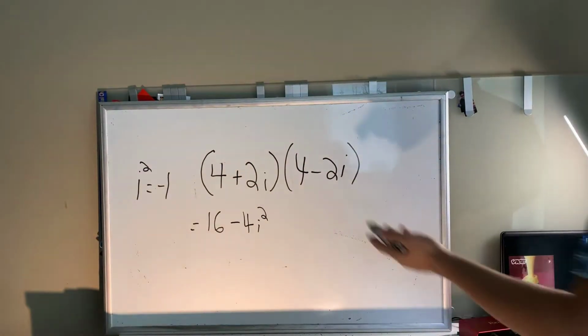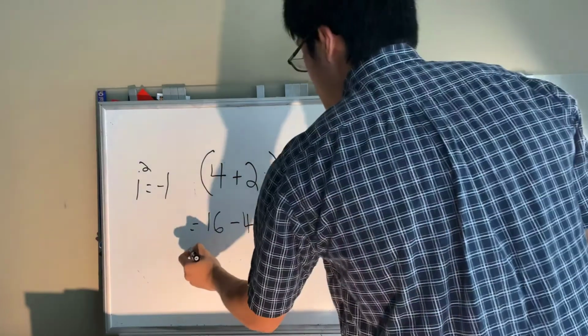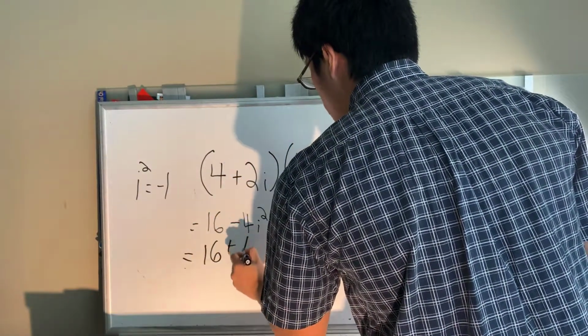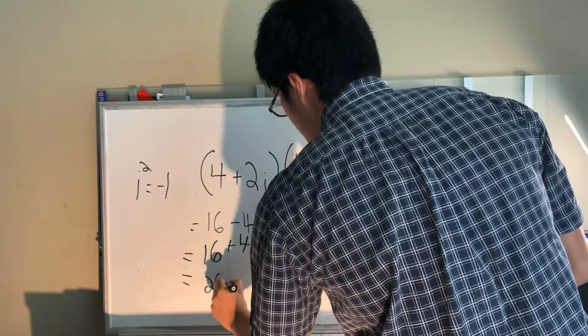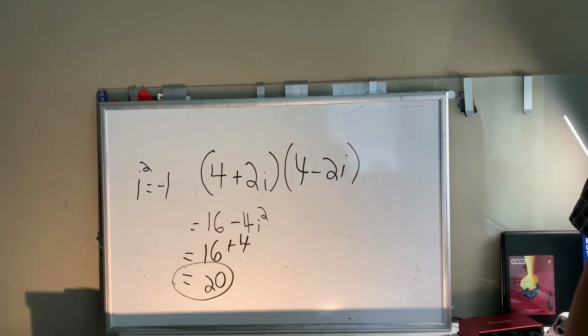We know that I squared is actually -1, so this becomes 16 plus 4 equals 20. As you can see, 20 is a real number because there is no I beside it.